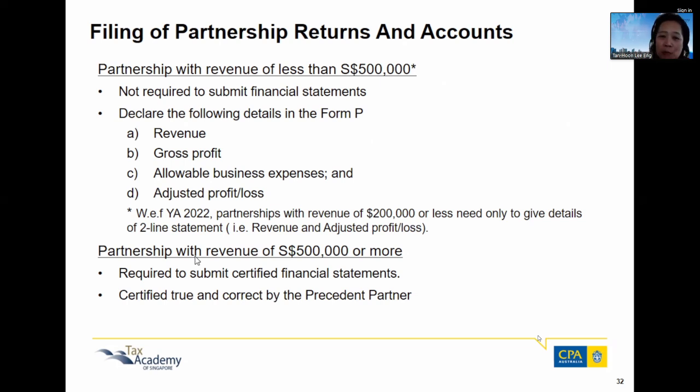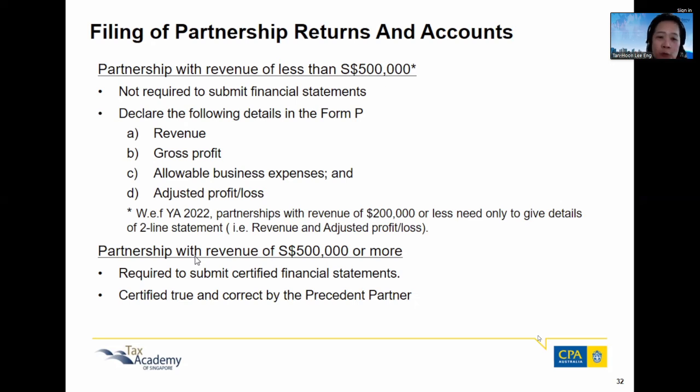Just the four-line statement, which is the revenue, gross profit, allowable business expense, and adjusted profit. If the partnership's revenue is 200,000 and less, they only give us two lines, which is the revenue and the adjusted profit. That is how the Form P is filed.